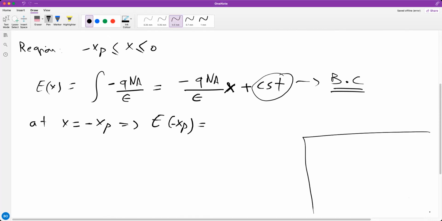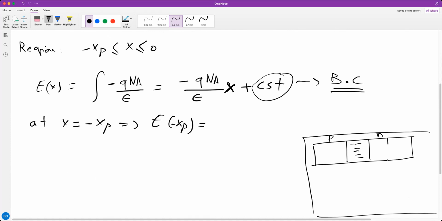I just want to open a window here. This is my PN junction. Please follow. This is my P and N type, and I have an accumulation of negative charges here and positive charges here. And here there is nothing.